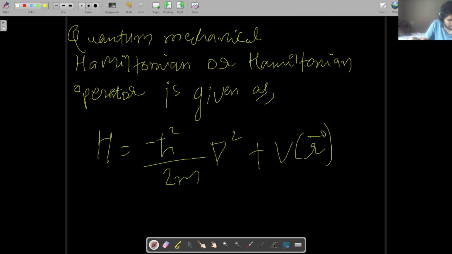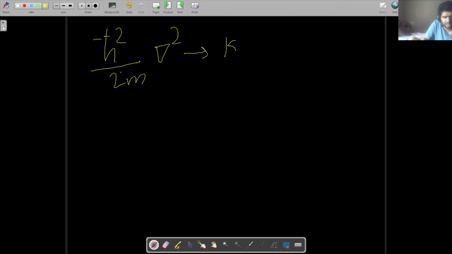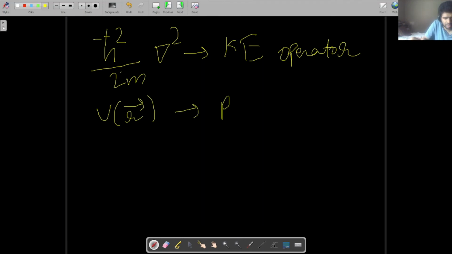I hope that you are noting everything. ħ² by 2m ∇² is basically your kinetic energy operator. The potential energy is itself an operator.